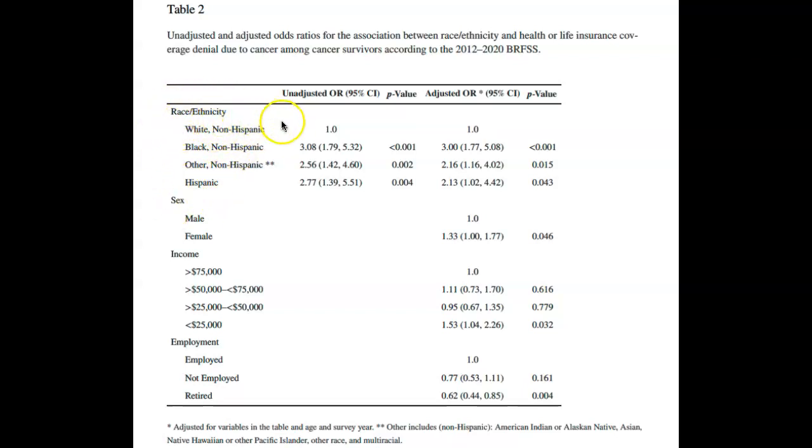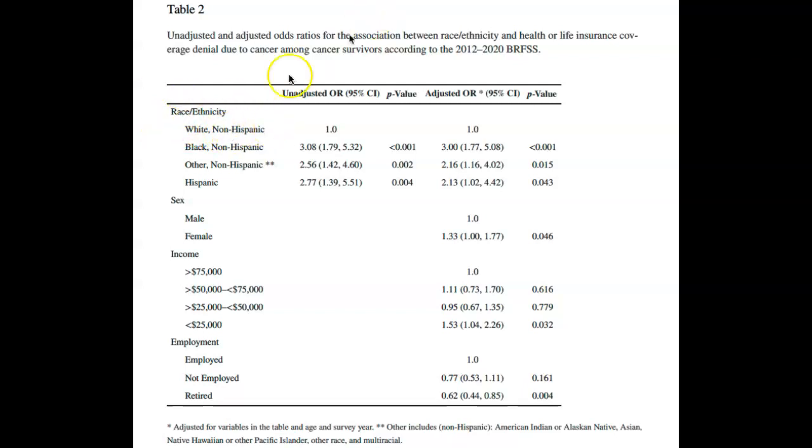This group, those who identify as white, that value is going to be our unexposed or our reference category, which is why you see this odds ratio of 1 here and odds ratio of 1 here. And then we are essentially comparing the other categories of race, ethnicity as the exposed groups to this unexposed group of white non-Hispanics.